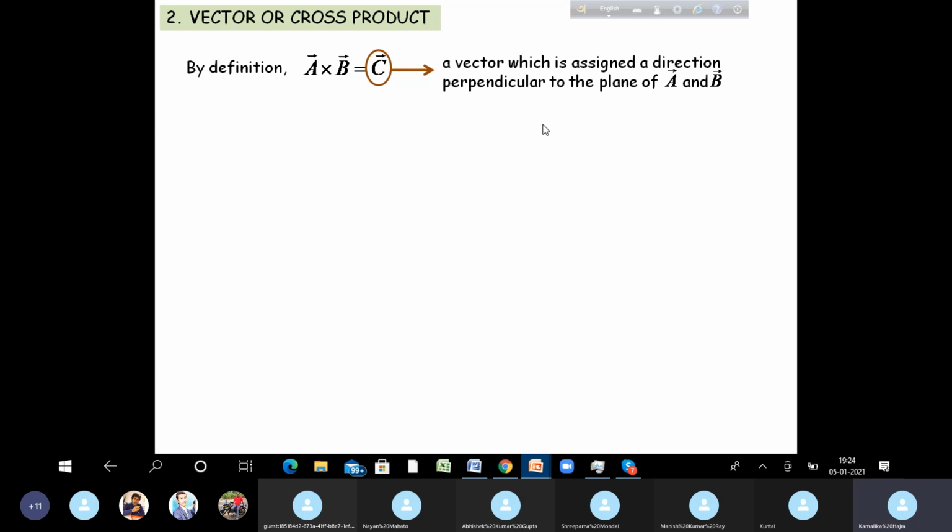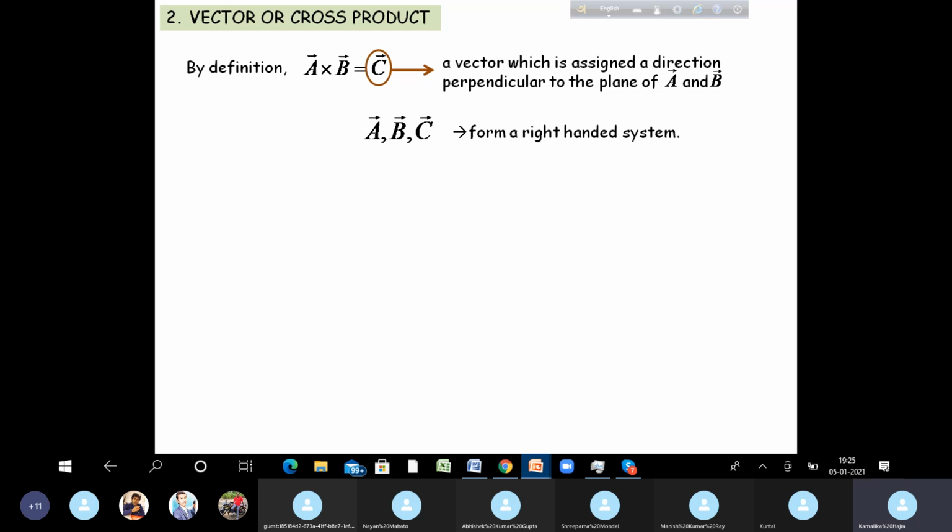It is a vector which is assigned a direction perpendicular to the plane of A and B. C is a vector which is assigned a direction perpendicular to the plane of both A and B. So if you take the cross product, then you get a vector, and that vector has a direction which is perpendicular to both the given vectors. That is, the plane containing A and B. You can pass only one plane through two vectors. So the cross product is a vector perpendicular to that plane.